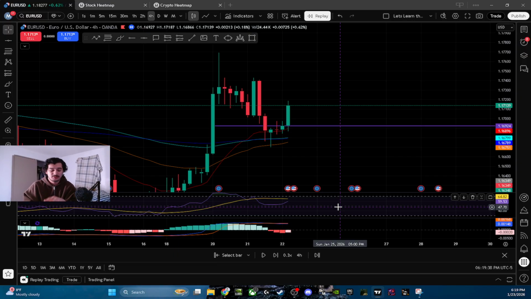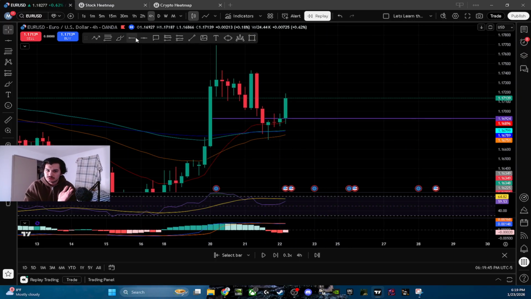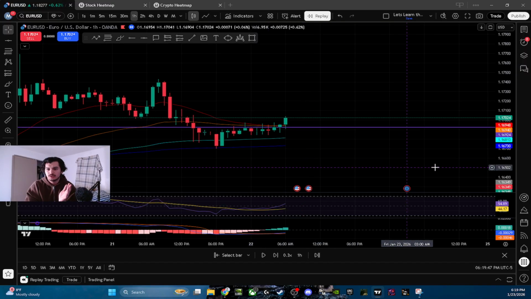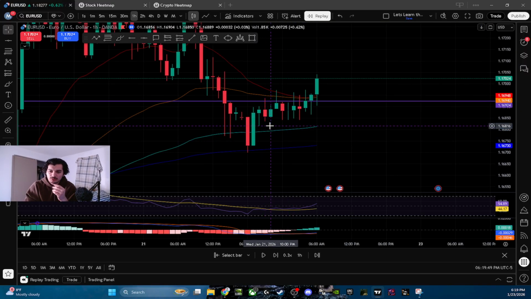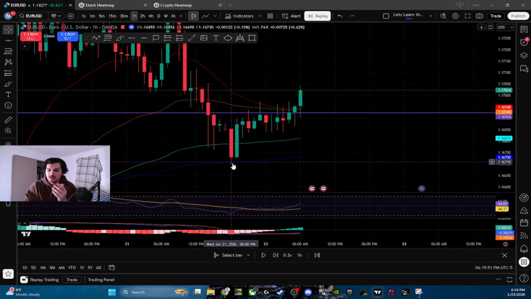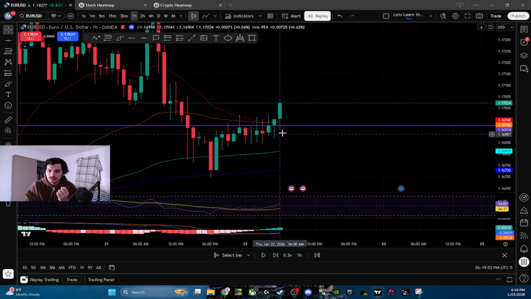But remember, guys, do not rely on the indicators solely. You got to use your intuition. You got to use your brain. All right. So we have ranges for a couple of hours. Obviously, this 200 EMA rejection, and then we have a strong push up forward.